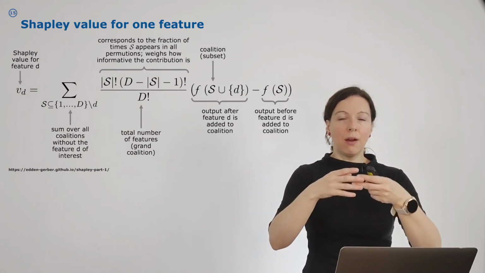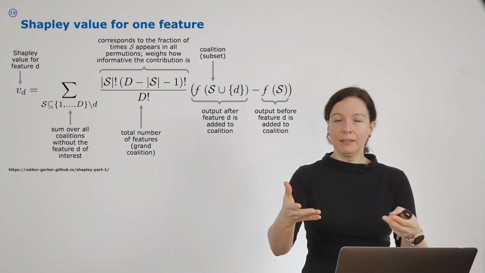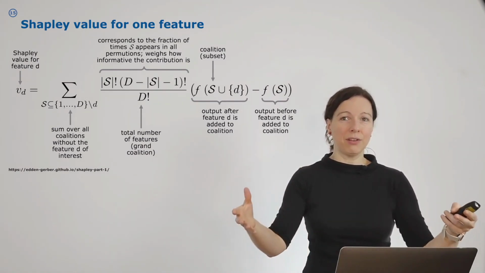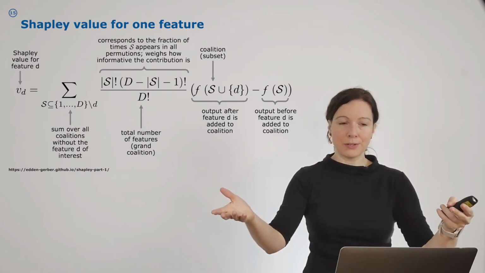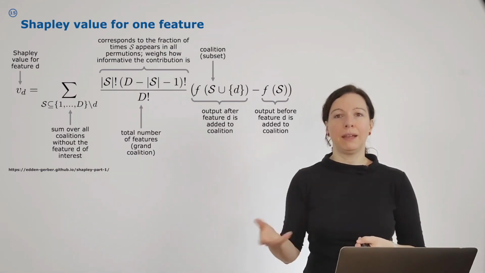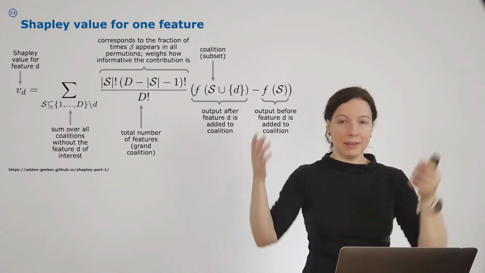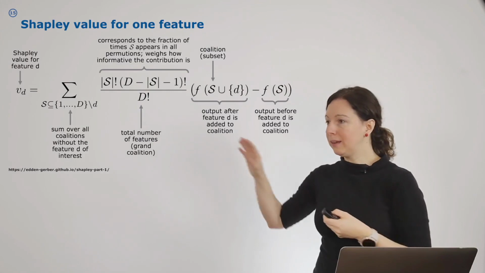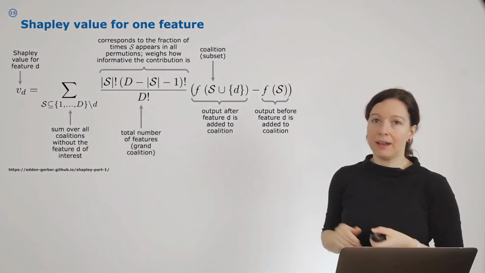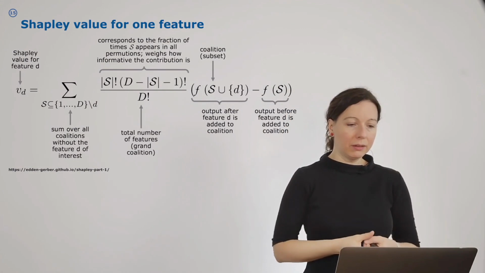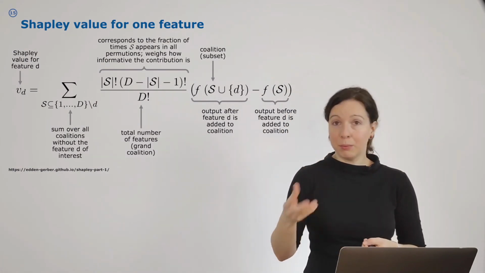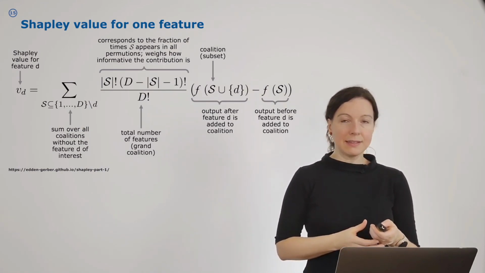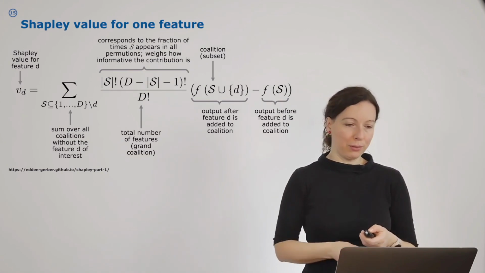It is when already all players are there and you add it, because then you can analyze whether it has any added value if you already have a lot of players. That means the biggest coalition, or if the player plays alone. This gives some weight. That's why it's an overall weighted sum, and so it analyzes the contribution of the player to all coalitions.